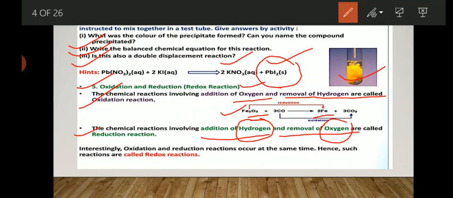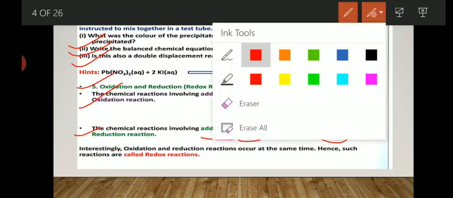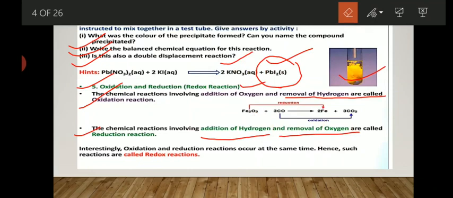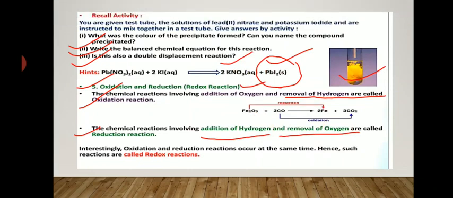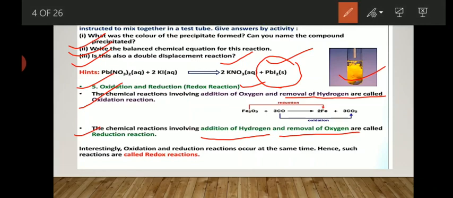Ferric oxide is also known as the oxidizing agent and carbon monoxide is also known as the reducing agent. We can understand by this that whenever in any chemical reaction a reactant undergoes an oxidation process, that reactant behaves like a reducing agent, and the reactant which undergoes a reduction process behaves like an oxidizing agent.